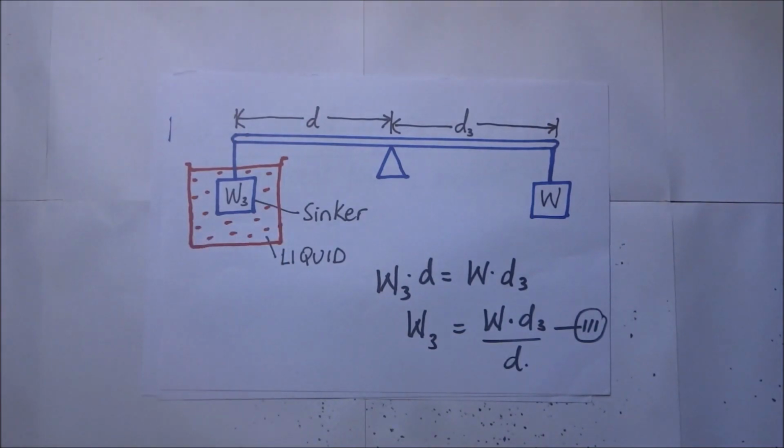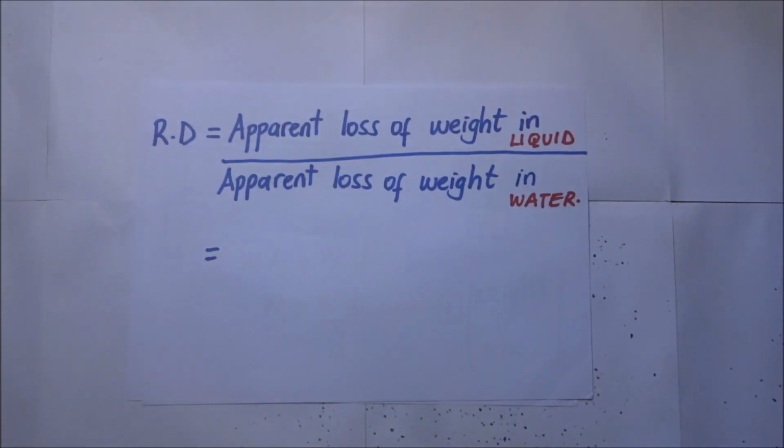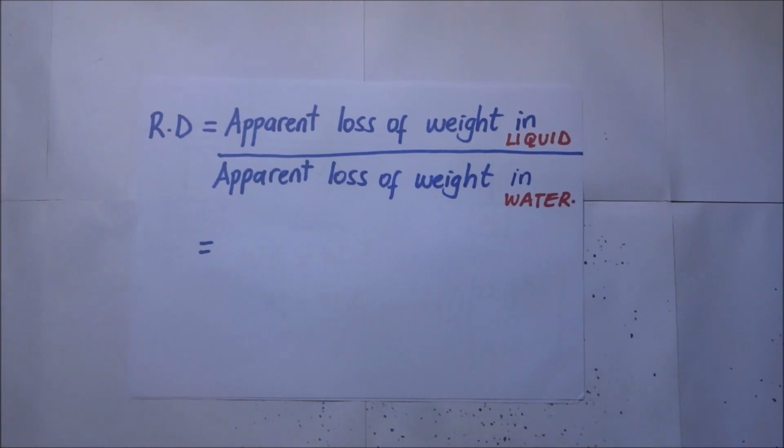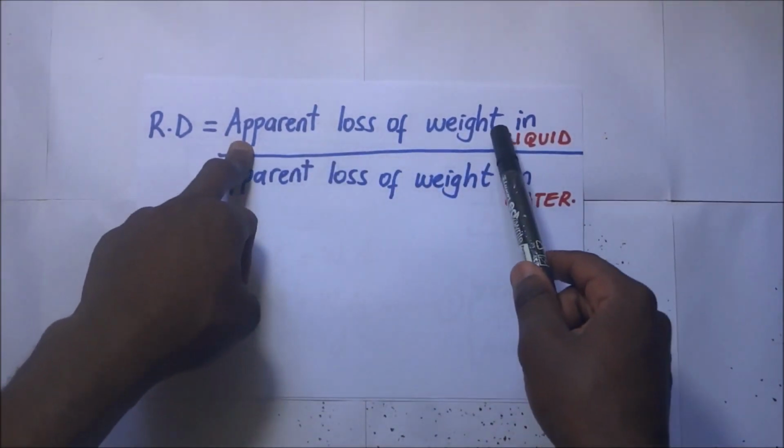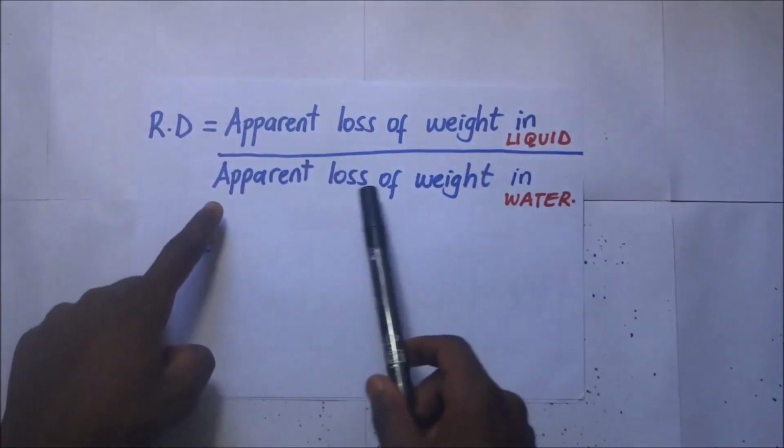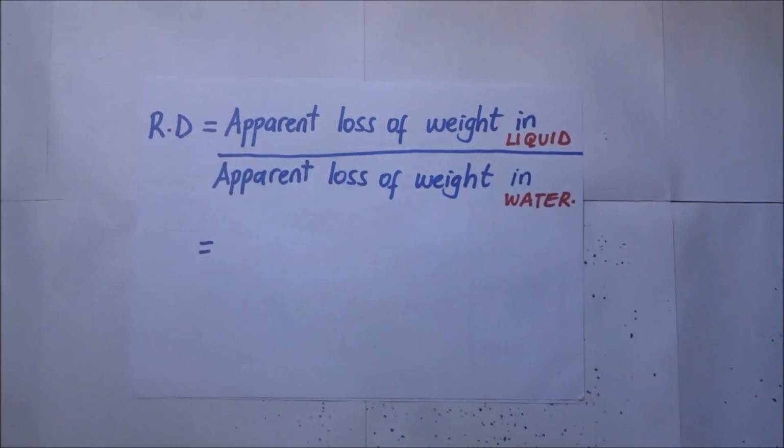So from our theory, we know that the relative density of a liquid is the apparent loss of weight of the sinker in the liquid, divided by the apparent loss of weight of that sinker in water.